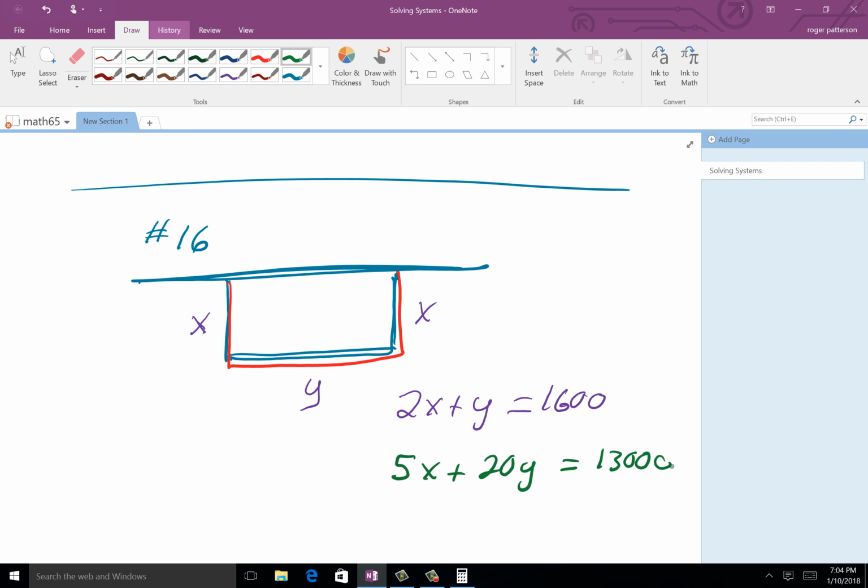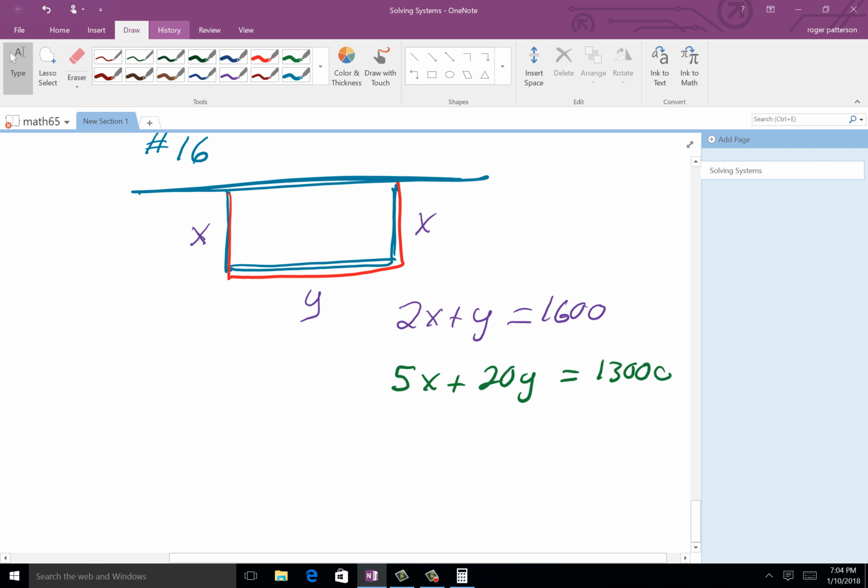Okay, so when you're writing a story or word problem and they're categorized into two different quantities, you always want to put those quantities together. So we have money, money, money, and length, length, and length. Okay, now we're ready to solve this. So how do you want to do it? Substitution, elimination?